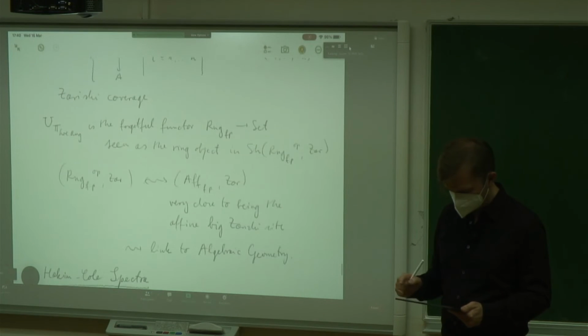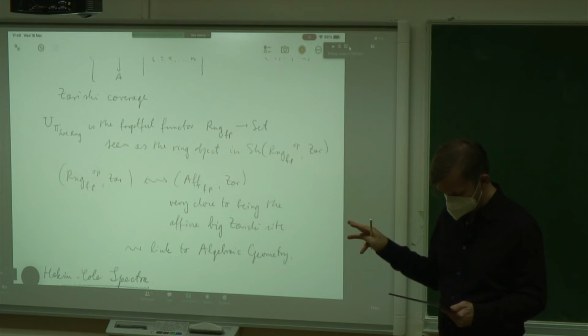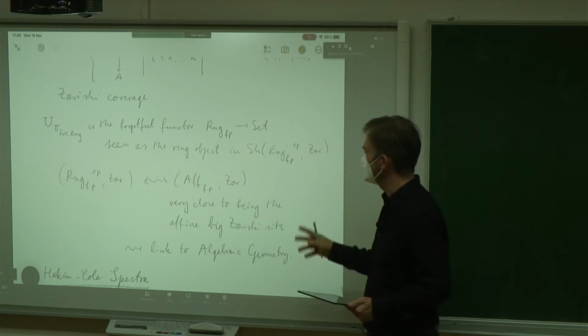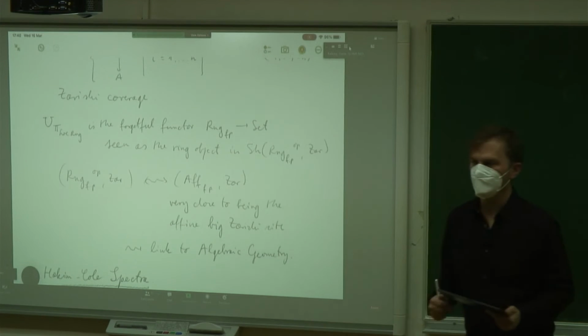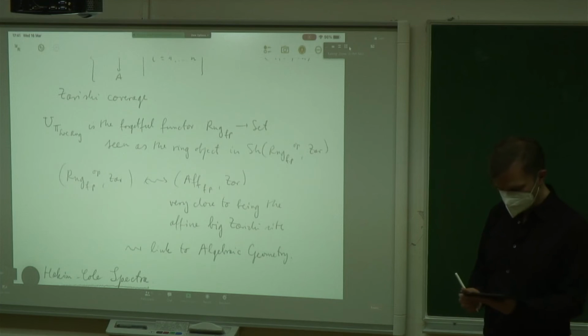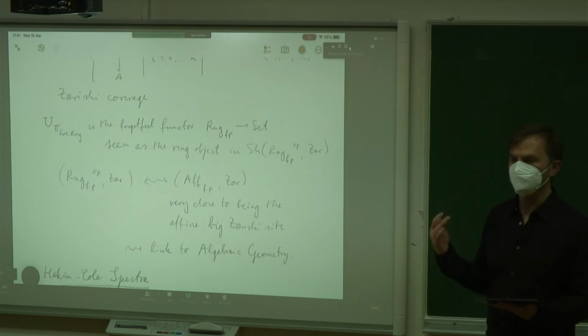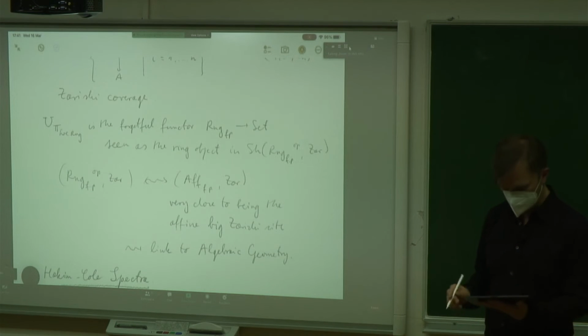All right, so given that purely from considering classifying toposes we get big sites relevant to algebraic geometry, how do we get schemes and small sites from algebraic geometry?